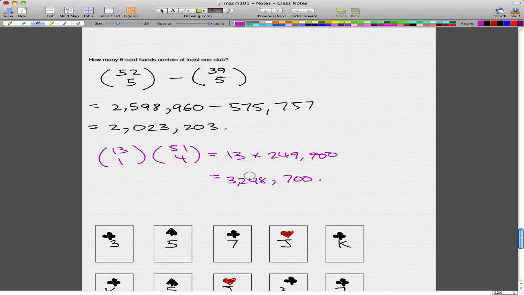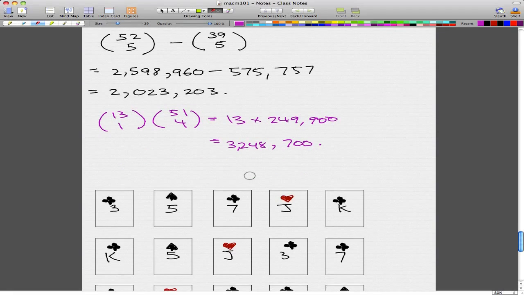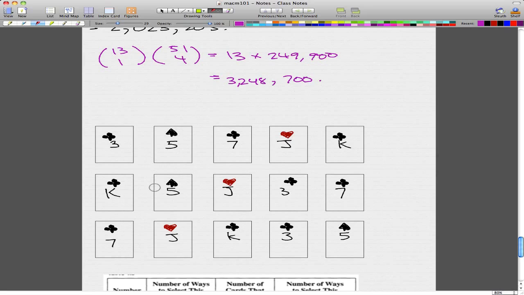What's actually happening, taking a look at these cards that I have here, is that we're overcounting. We have these distinct cards in the first hand, but in the second hand we have the same cards, just in a different order. So this is actually 3 ordered ways of ordering the same cards, but we don't care about order right now.